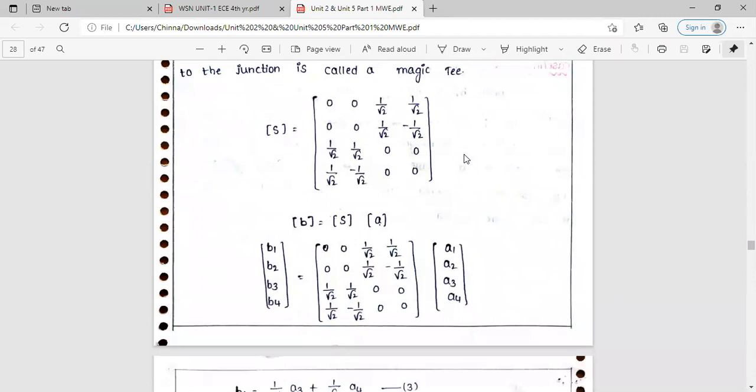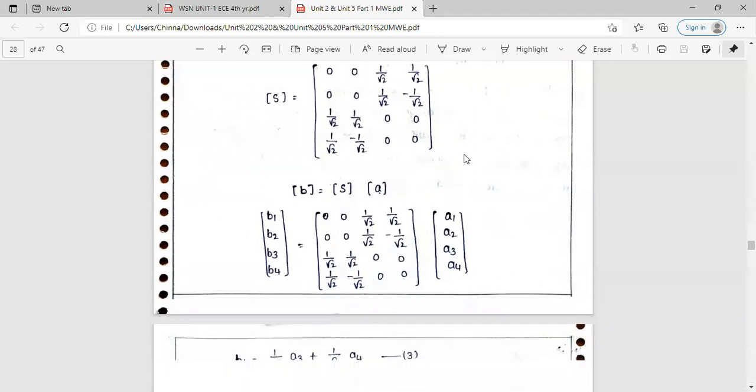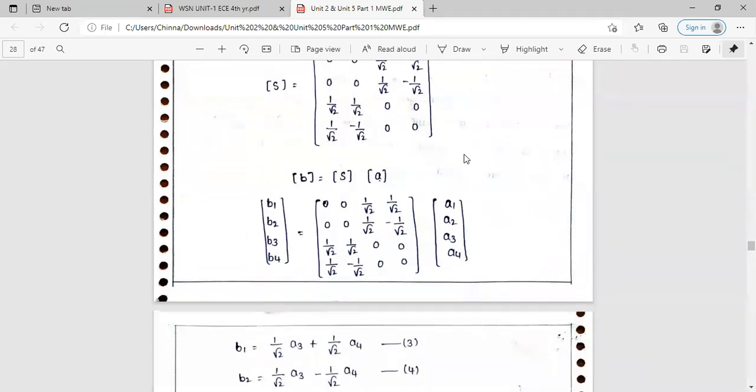Finally, we obtain S as the matrix with rows 0, 0, 1 by root 2, 1 by root 2; 0, 0, 1 by root 2, minus 1 by root 2; 1 by root 2, 1 by root 2, 0, 0; 1 by root 2, minus 1 by root 2, 0, 0.